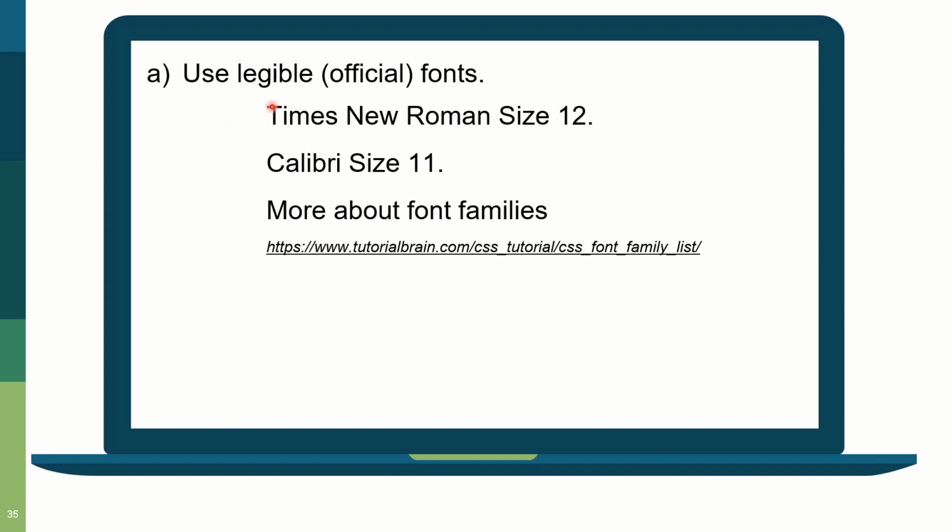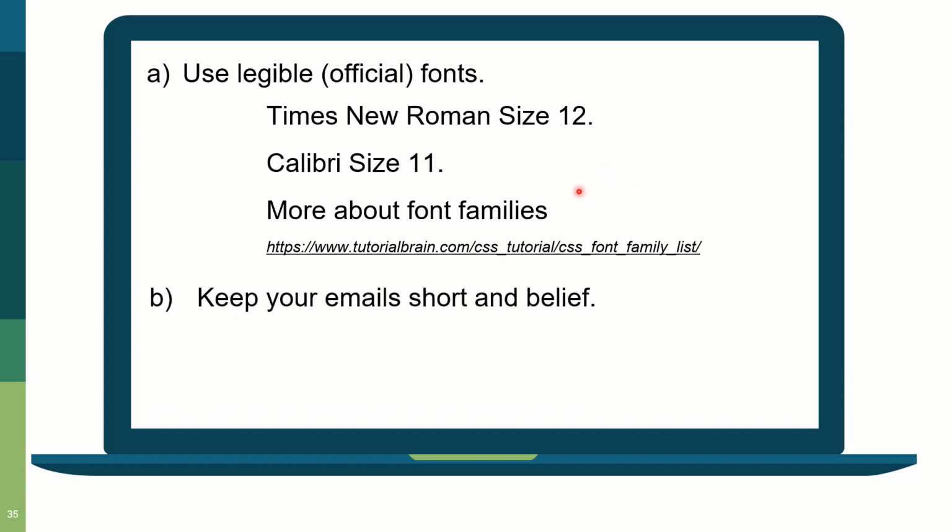I'm sure you can see that this is very easy for you to read. So the first thing that you need to do when writing your email is to use a font that is easy to read.